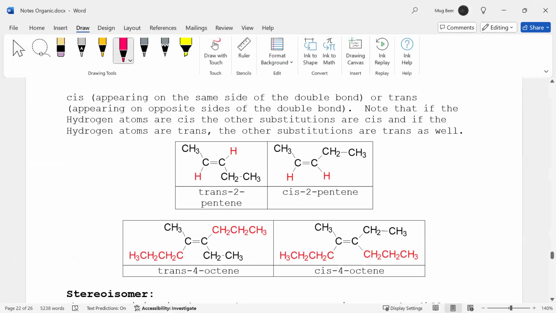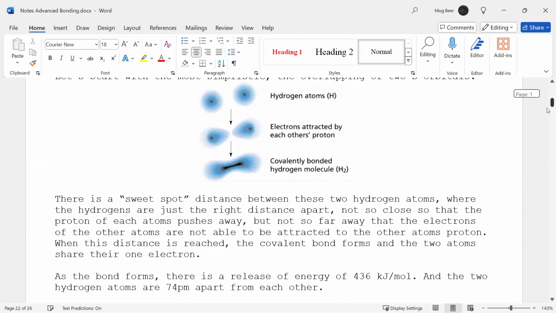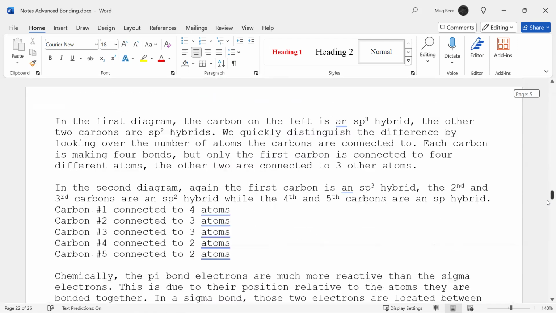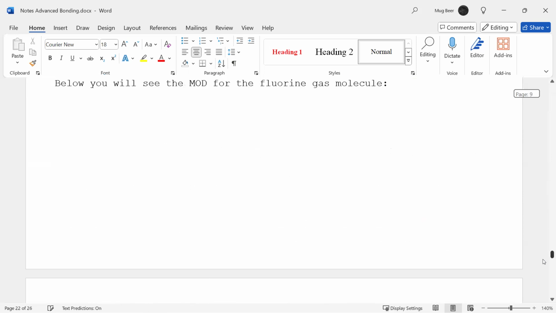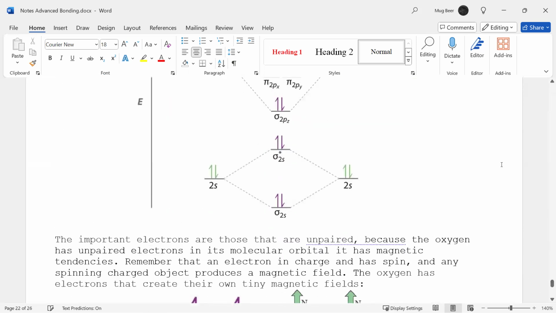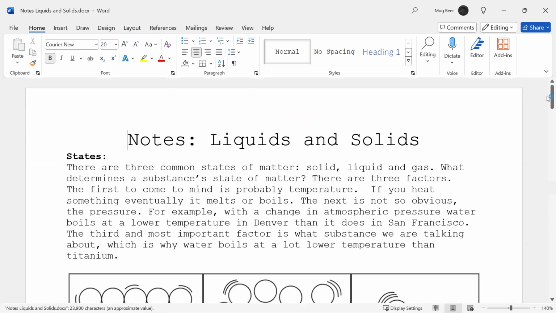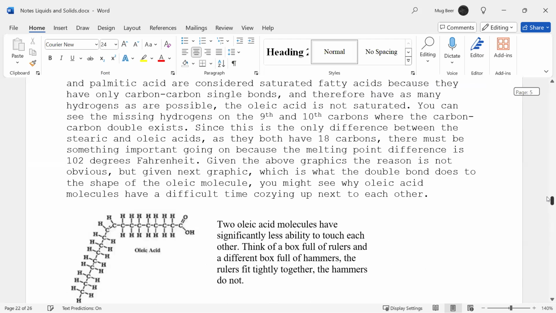Nope, not this set. This one? No. Is it in liquids and solids? I think it's in liquids and solids. There we go.